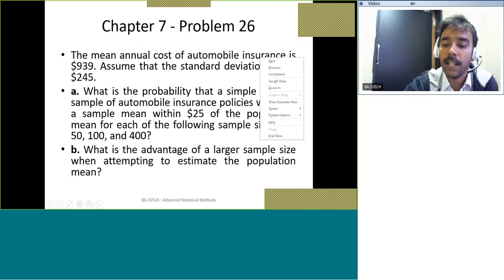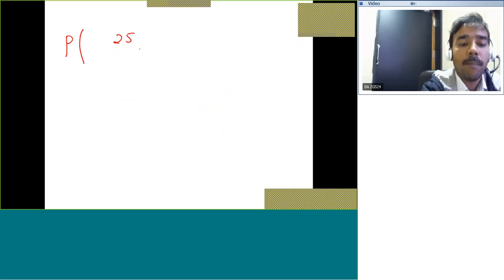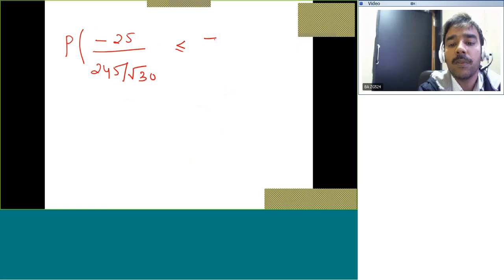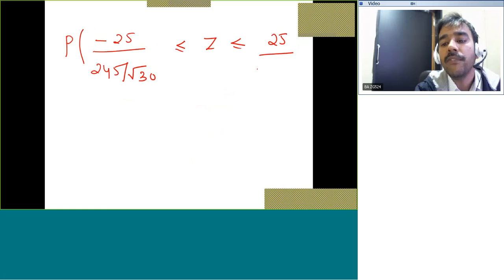So we will have the probability of minus 25 by 245 by root 30 less than or equal to Z, less than or equal to 25 by 245 by root 30.